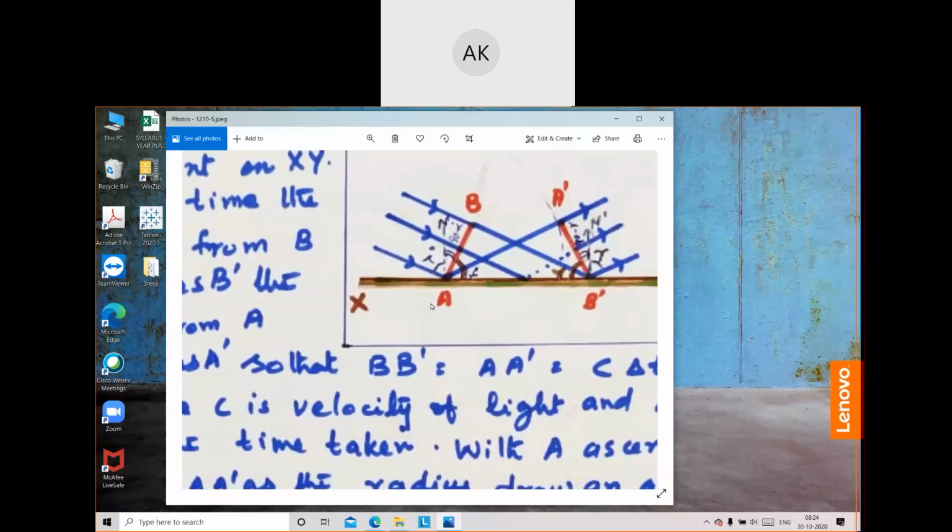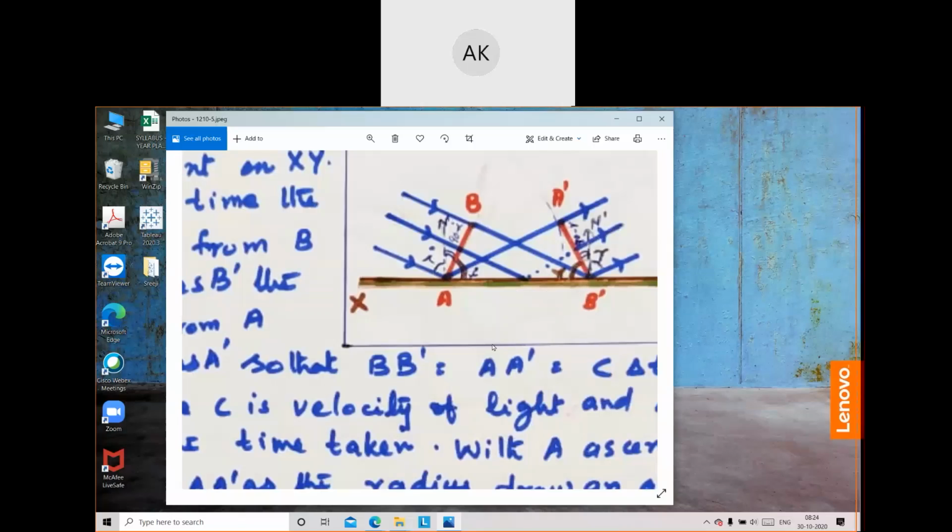And we know when you take these two triangles, A, B, B dash and A dash, B dash, how can you prove they are similar triangles? You can see here, A, B dash is common to both triangles.